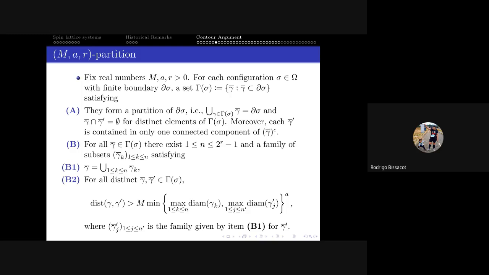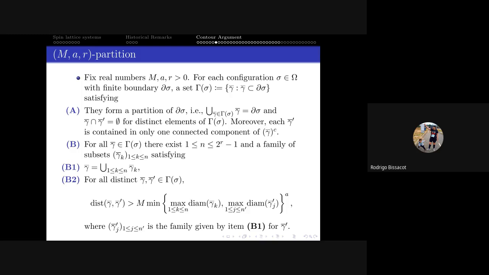Let's say following Fröhlich and Spencer, since their case is a particular case of this construction, but it was impossible to go further, because if you don't impose that, you cannot get too many small pieces inside of contours. You have to at some moment say, okay, at maximum this quantity, and this allows us to control the number of contours.